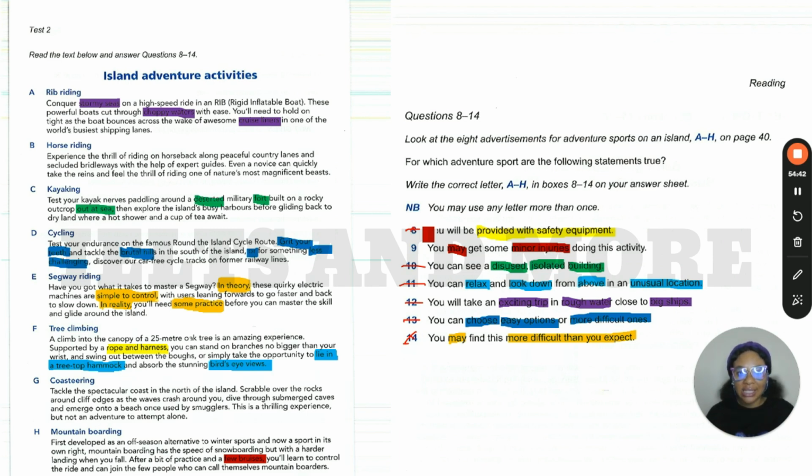Number 8 is F, number 9 is H, number 10 is C, number 11 is F again, number 12 is A, number 13 is D, and then finally number 14 is E. So that's how you answer such questions. You just have to really pay attention.